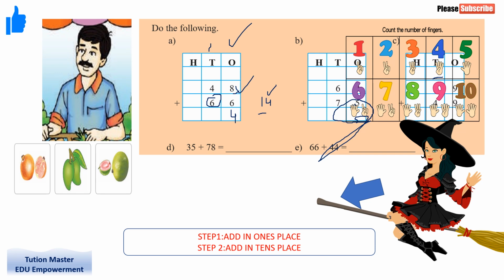So 6 plus 4, right? After 6 it is 7, 8, 9 and 10. Very good. So 0 here and you got 1, right? Where do you write that 1? In the hundreds place, so it will be kept there. The answer is 104.